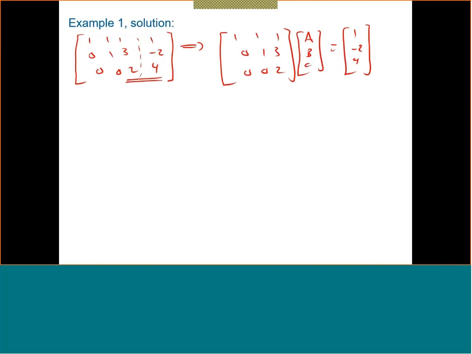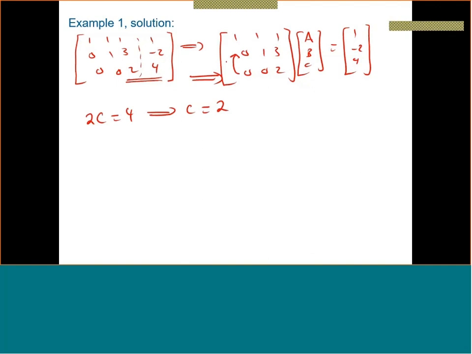So in C here, you will have 2C is equal to 4 from the last equation. So from this, C is equal to 2. Now I can go upward. Okay, so backward substitution, you go from the last line and you go up. So you have here B plus 3C is equal to minus 2.